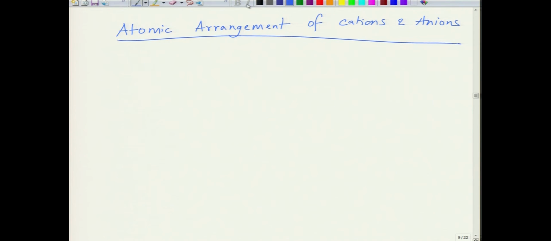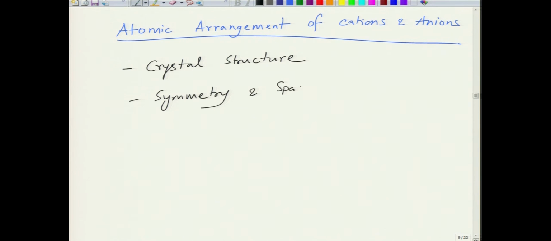The atomic arrangement of cations and anions gives rise to what we call a crystal structure, and they have certain symmetry, crystallographic symmetry and space group, which defines their structure and properties.